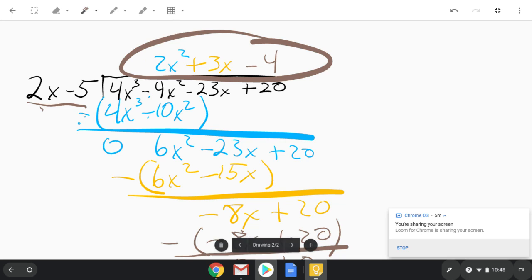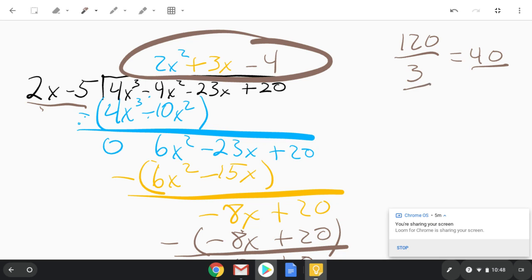Now, when there's no remainder, that's a special thing, and you need to take note of this, all right? Whenever you were dividing in, I don't know, 5th grade or whatever, if you got 120 divided by 3, and that ended up giving you 40, what this tells you is that 40 and 3 are both factors of 120, right? Because there's no remainder.